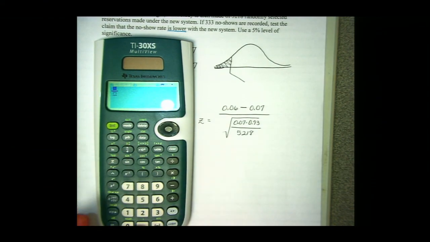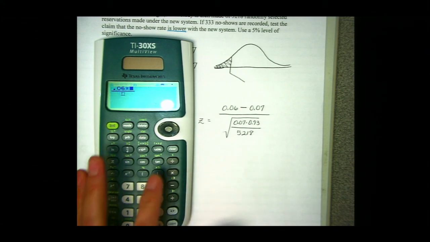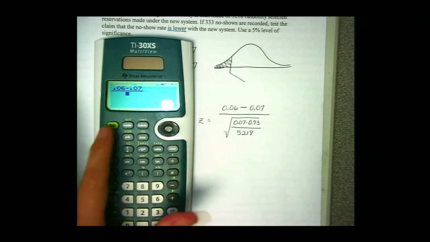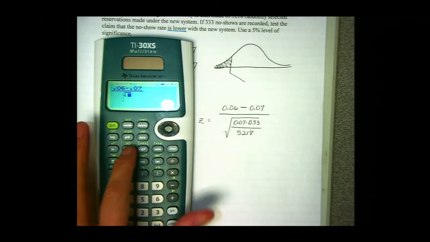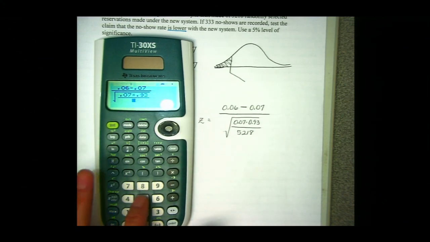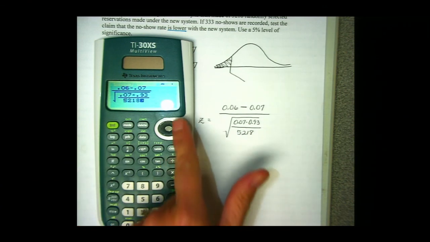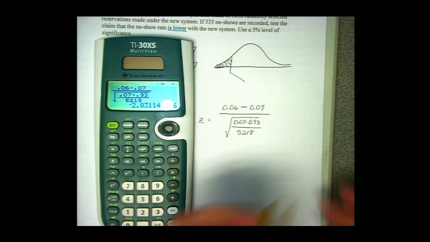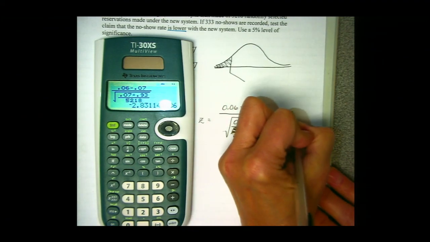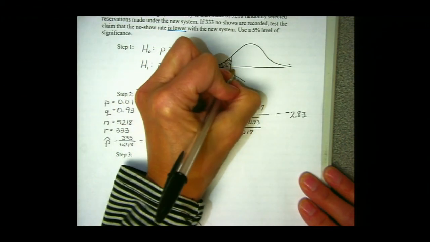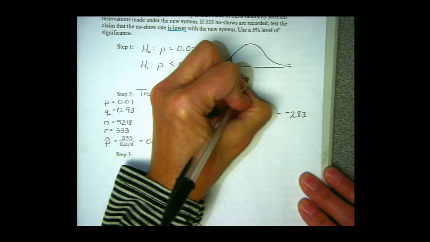So fraction 0.06, not times, minus 0.07, denominator, square root, fraction, 0.07 times 0.93, and then I went down to put in the 5,218, right arrow out of everything, and hit enter, and I get negative 2.83. So my Z is negative 2.83.